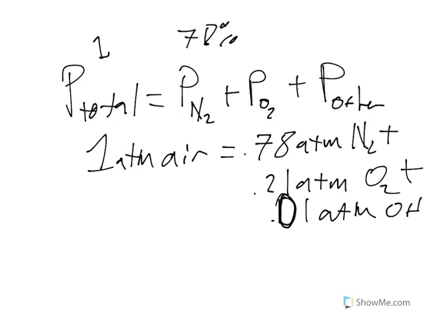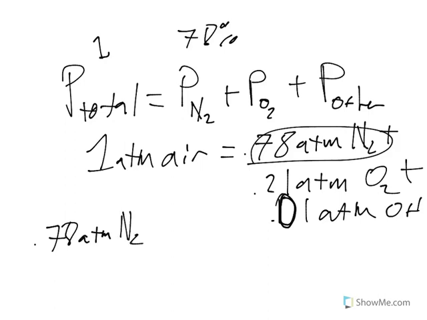Now what we can do with this is take this 0.78 atmospheres of N2 and figure out how many moles that is. So 0.78 atmospheres of N2 is the P. For the V, let's keep it at STP, and use 22.4 liters.